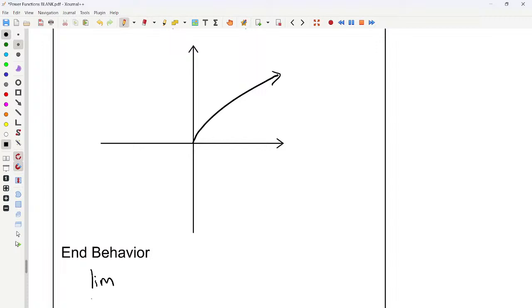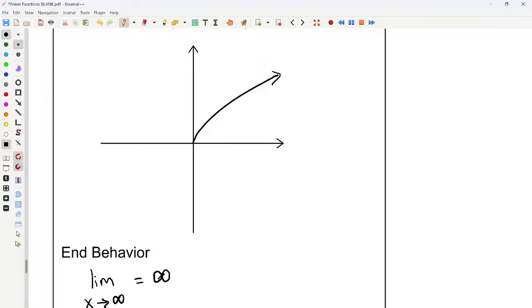Limit as x approaches positive infinity means the right end of the graph. Is it rising? Yes. Is there anything trapping it? No. Boom. Does it make sense to talk about the left end of this?